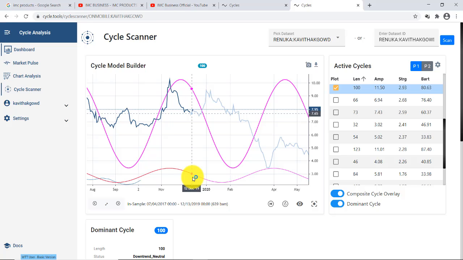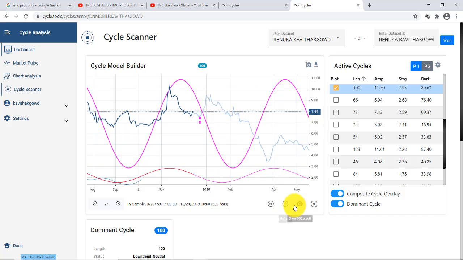Minus 60 means it should move to the bottom. So let's see if it has happened, it has reached the bottom here.